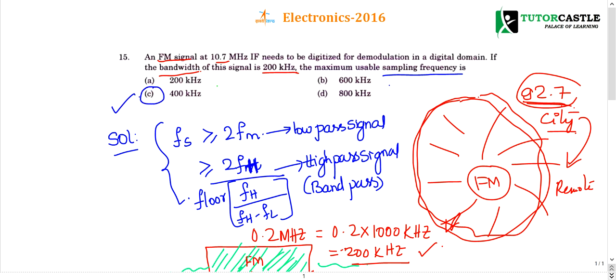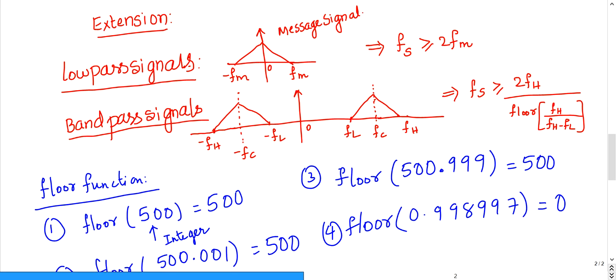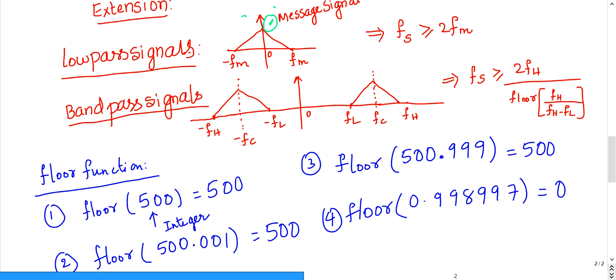So let us see the extension, which is very important. Consider the following cases. Sampling frequency can be found for low pass signals and band pass signals. For low pass signals, the signal will be near the origin, or near a DC component.